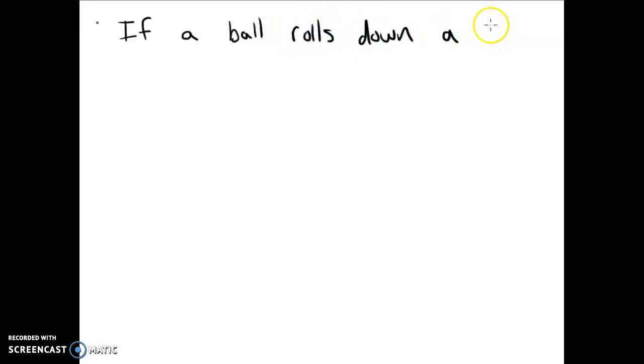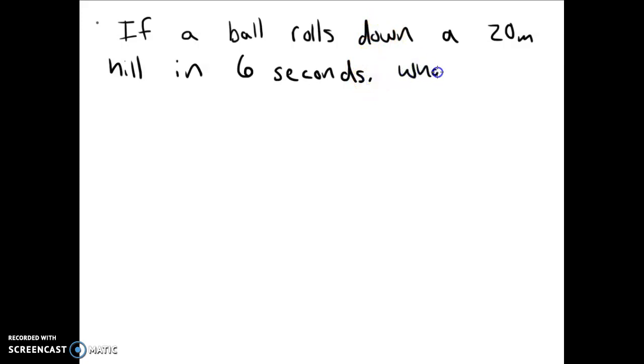So, if a ball rolls down a 20-meter hill in 6 seconds, what is its velocity?